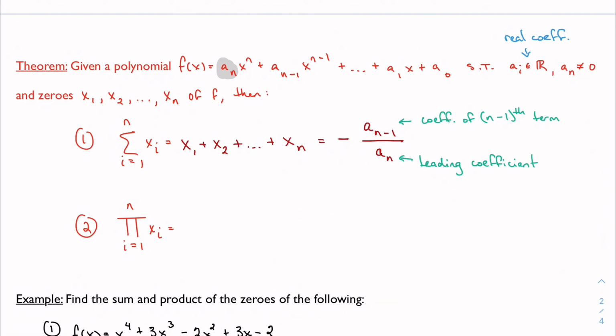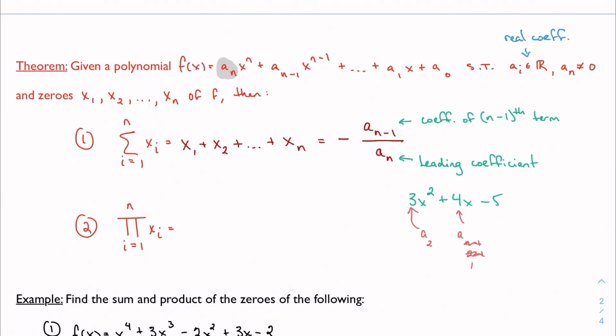Right, so if I have a polynomial like 3x squared plus 4x minus 5, my leading coefficient would be a sub 2, because it's the highest degree. And then a sub n minus 1, well, 2 minus 1 is 1, so that's a sub 1.